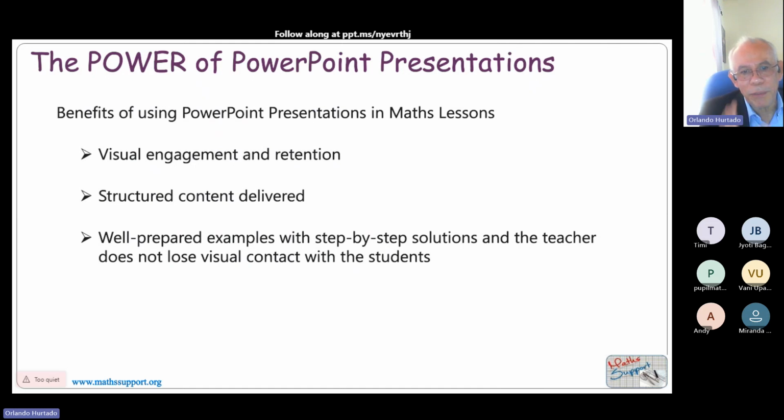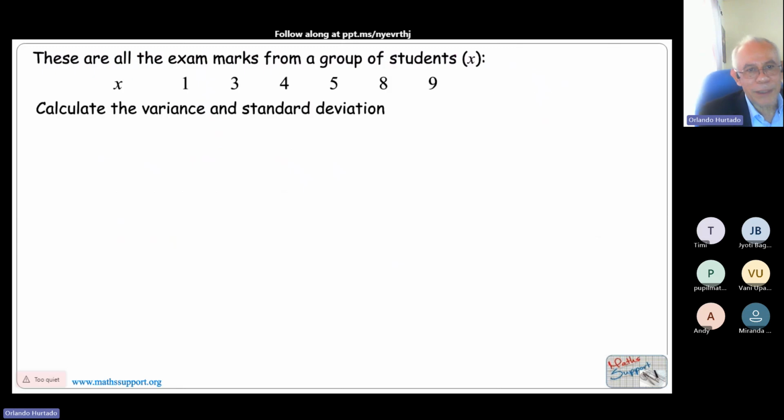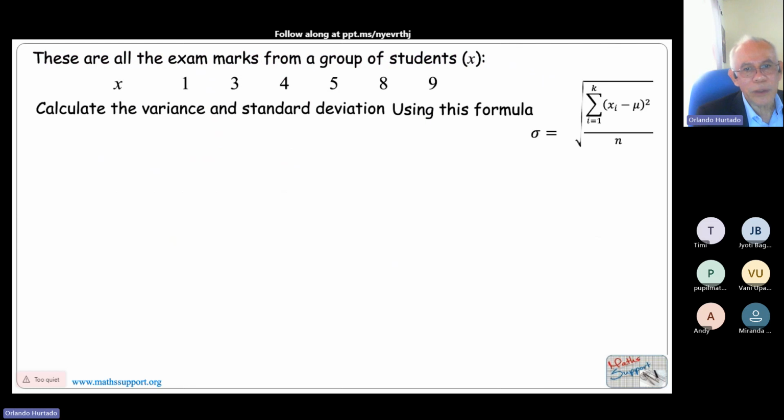But in the PowerPoint, the problems are already there. The steps are there, and the problems are carefully designed to make sure that there is no mistake in the solution.